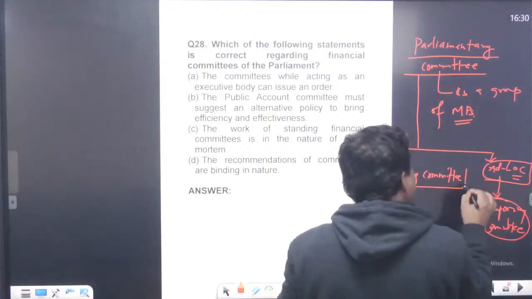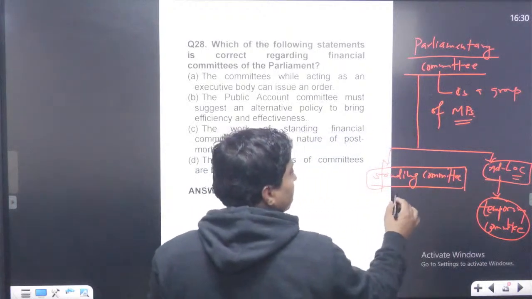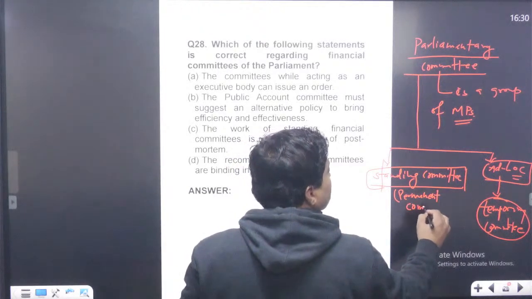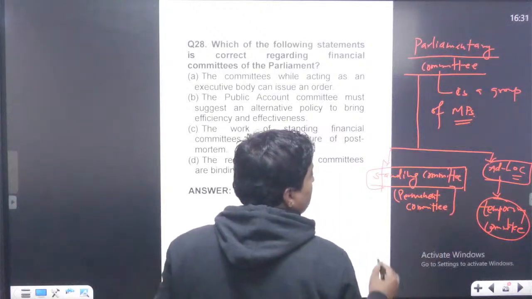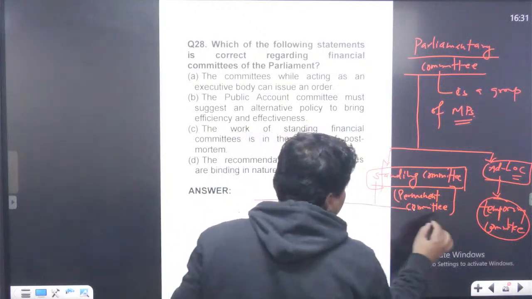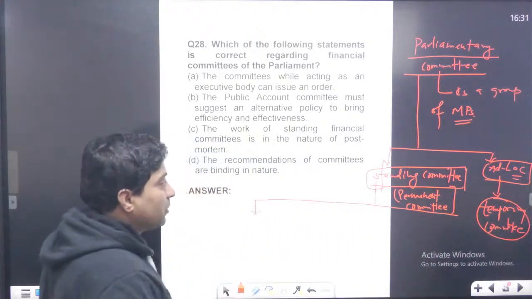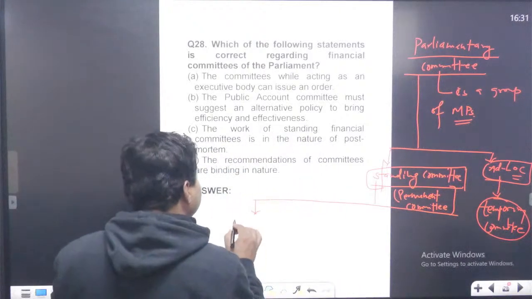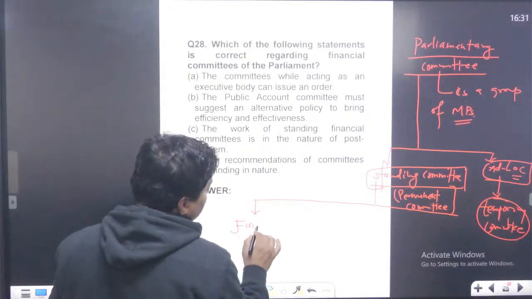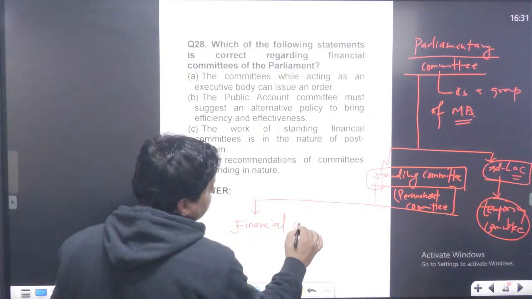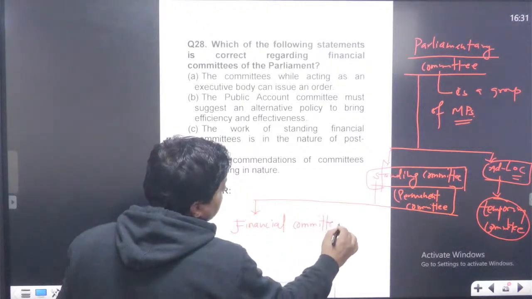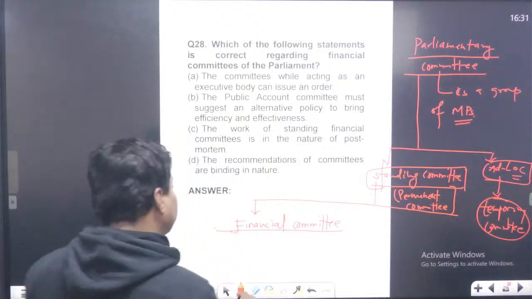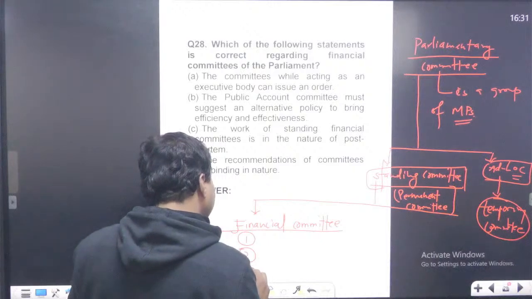Now, what is a standing committee? A standing committee is a permanent committee in Parliament. There are several types of standing committees. First is the financial committee, meaning any parliamentary committee which looks into matters of finance. Here you have three committees which look into finance.